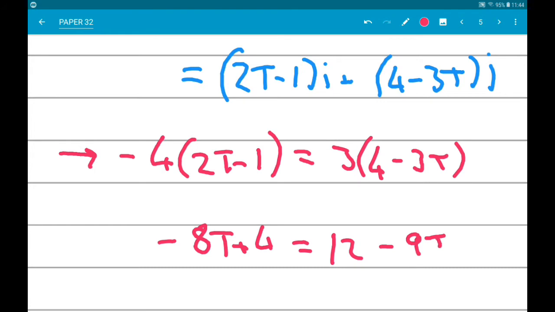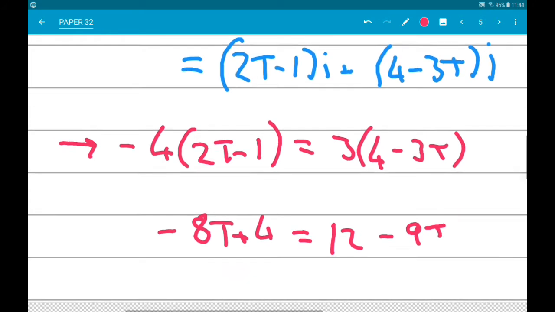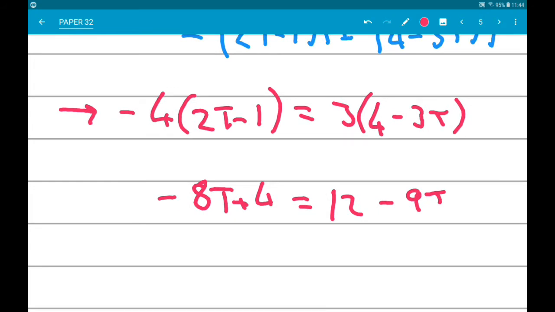So add 9t and we get t, and subtract 4 we get t is 8. And that's seconds.